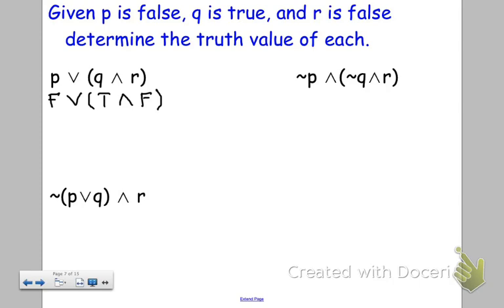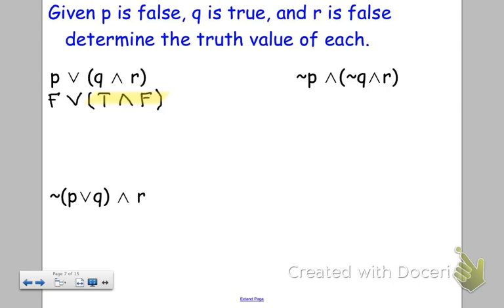Okay, so the very first thing we're going to look at is true and false. When we look at true and false, remember and has to be true, true to be true. All other scenarios are false. So if we have true and false, we don't have true, true is true, so it's automatically false.